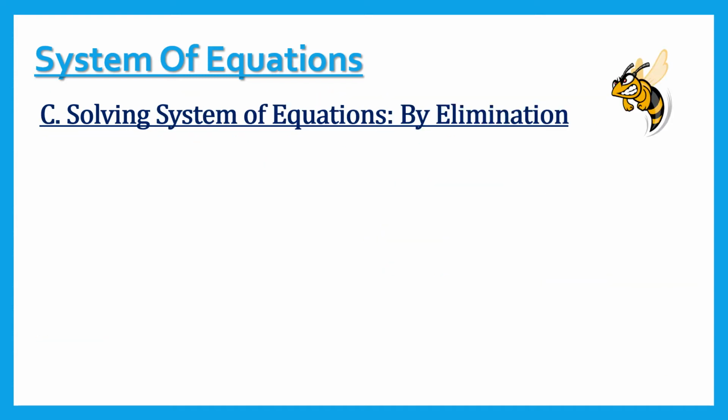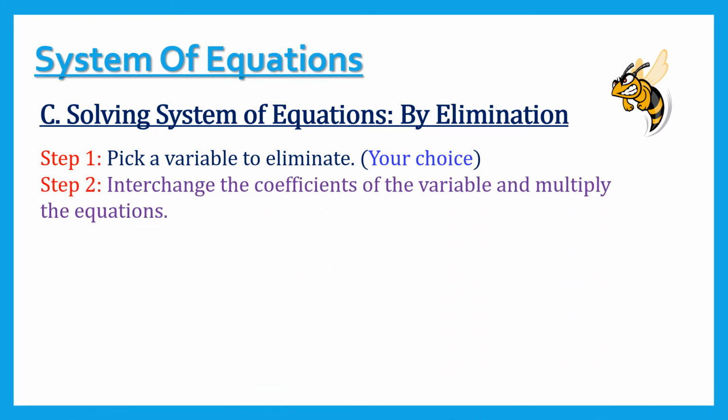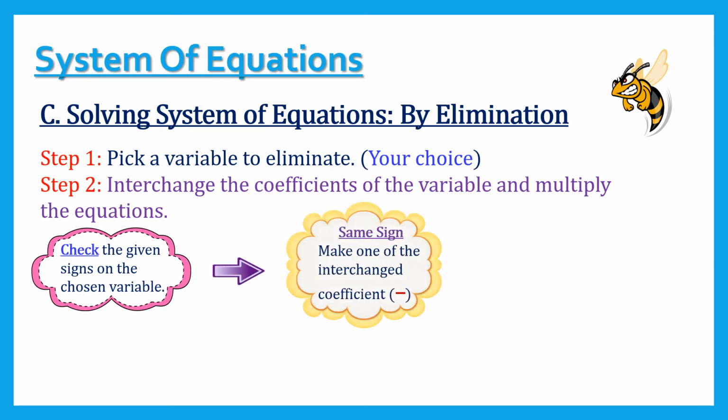Solving system of equations by elimination. Step 1: Pick a variable to eliminate, your choice. Step 2: Interchange the coefficients of the variable and multiply the equations. You want to check the given sign on the chosen variable. If they are the same sign, you make one of the interchanged coefficients negative.